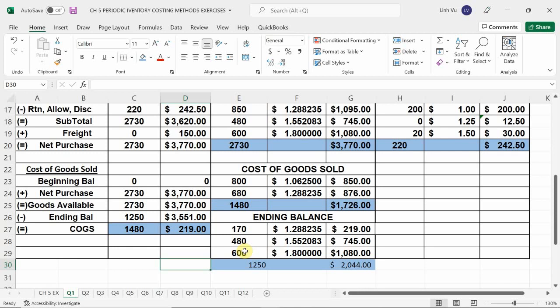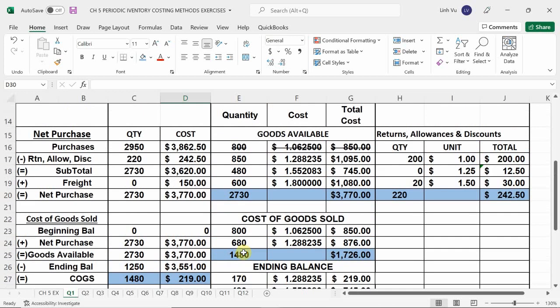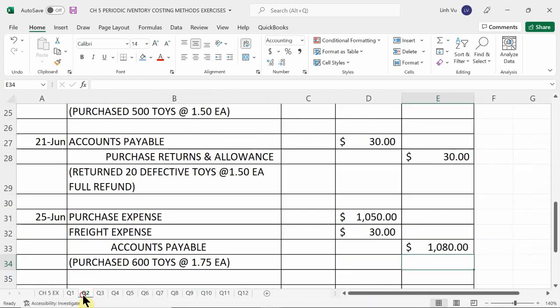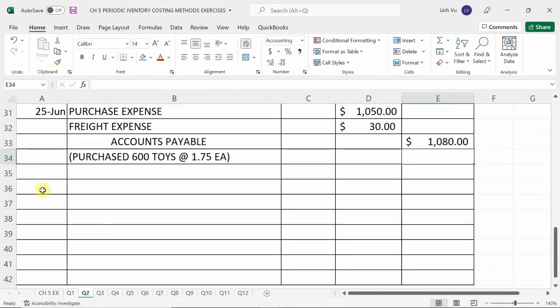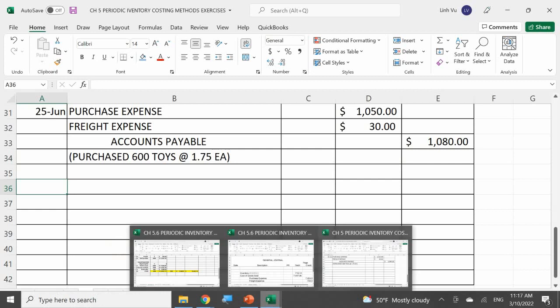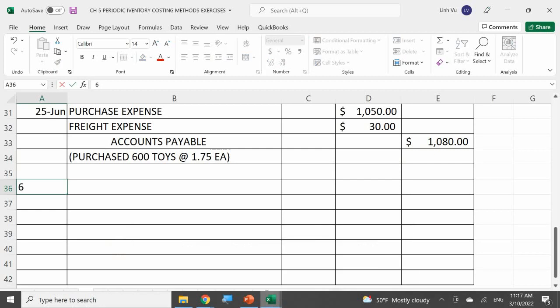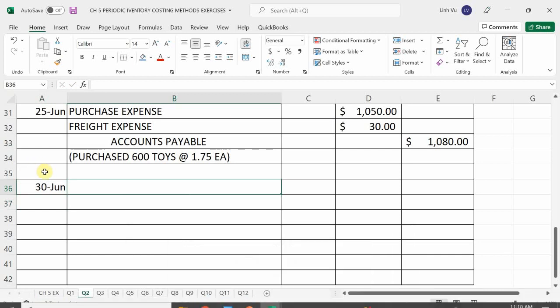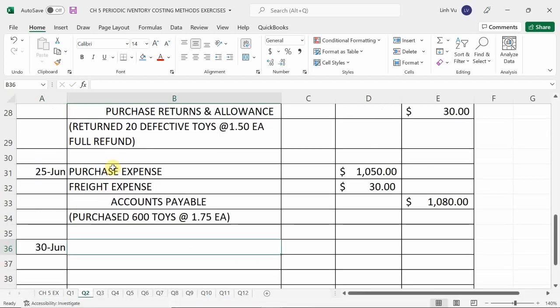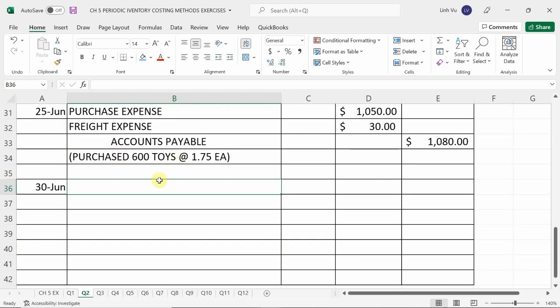What happens when you have purchase returns and allowances? Let's finish up our last part, which is our conversion entry. So it's June 30th now. What do I need to recognize for my conversion entry? What accounts do I need to recognize for my conversion entry?